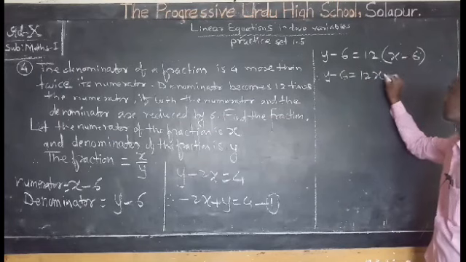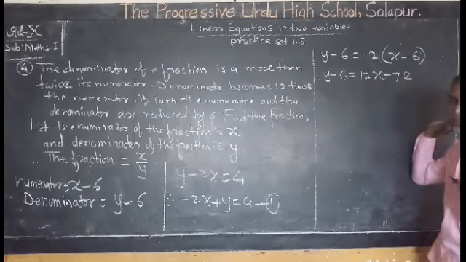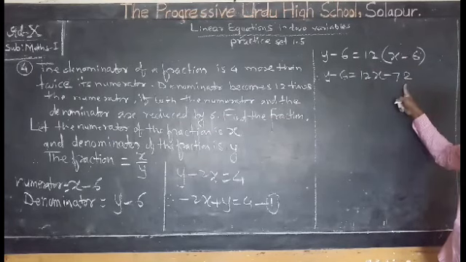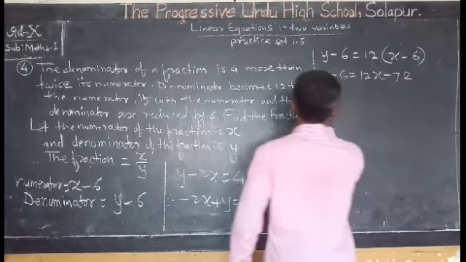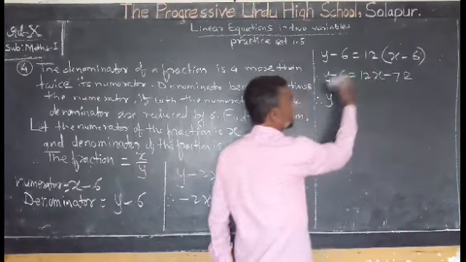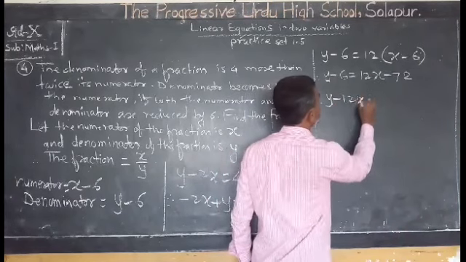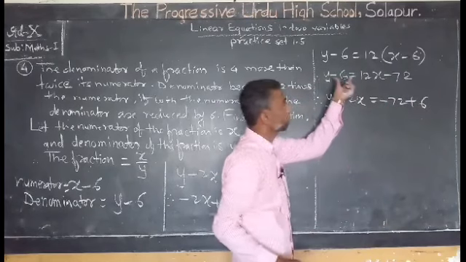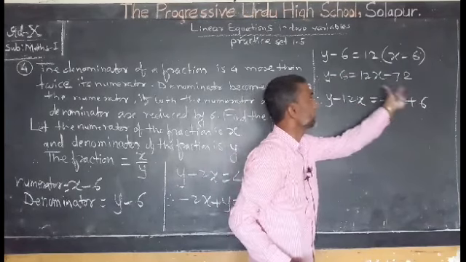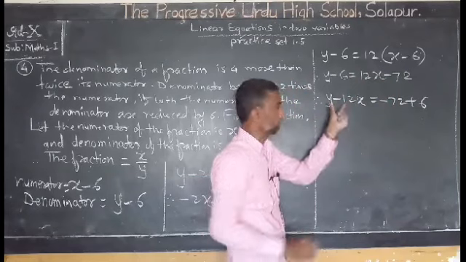12 into minus 6, minus 72. 12 sixes are 72, plus minus minus. Next, therefore, y, take it to left hand side, minus 12x is equal to minus 72 plus 6. What I have done? I have taken 6 to right hand side and 12x to left hand side.